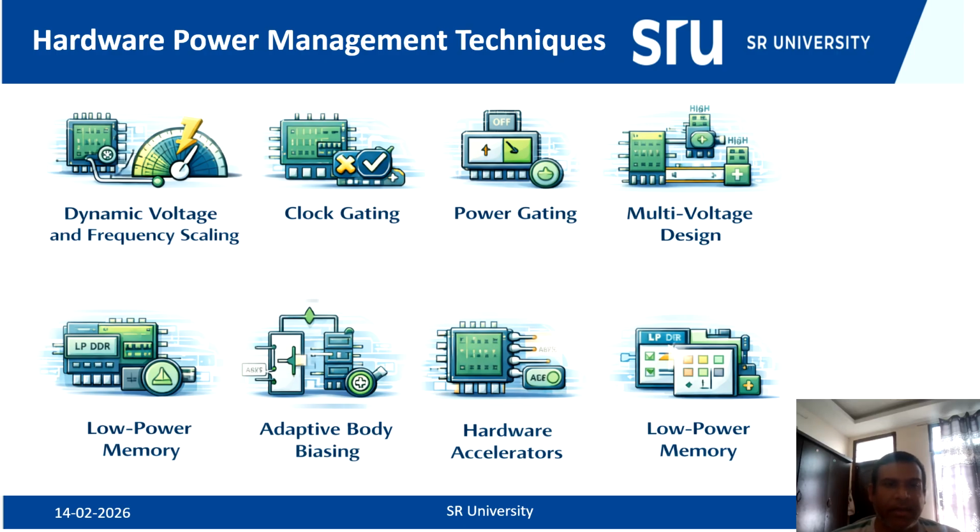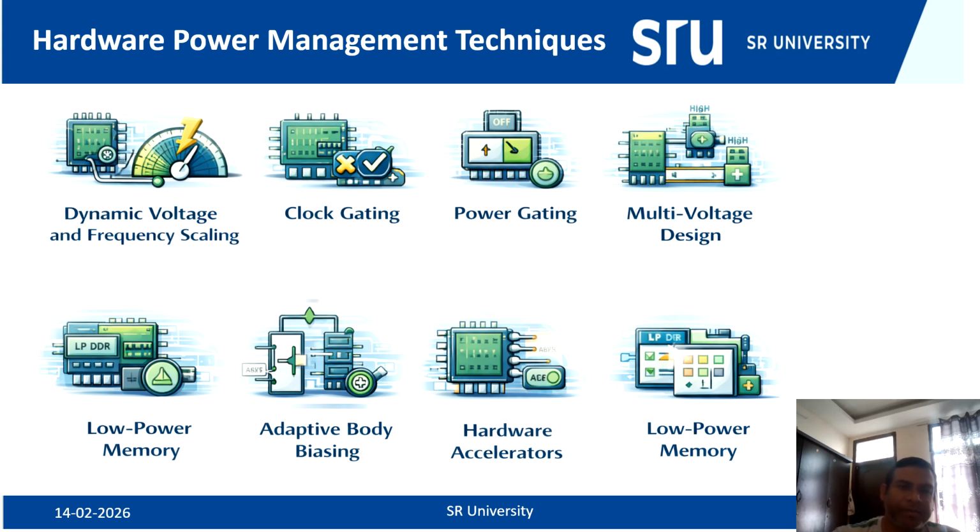This accelerator performs the dedicated functions more efficiently than a general purpose processor, resulting in lower energy consumption per operation. Together, these hardware techniques form the foundation of effective power efficient embedded system design.